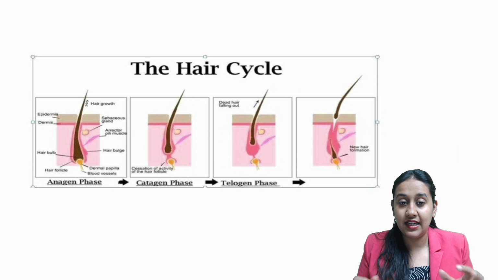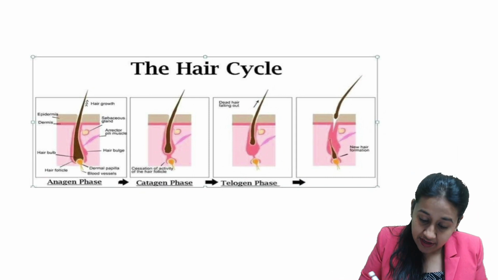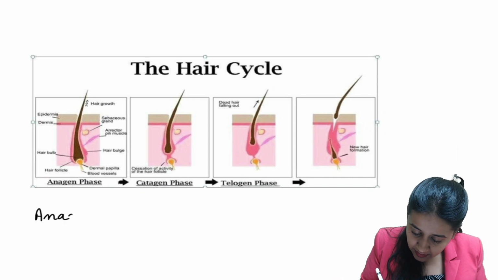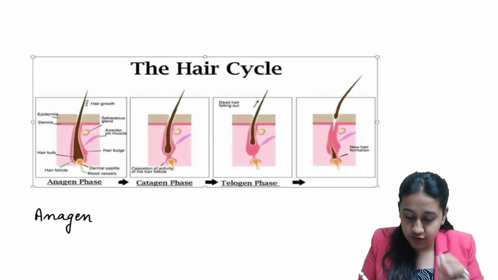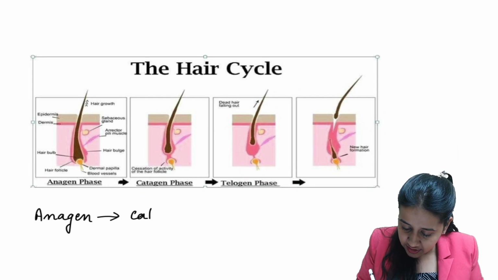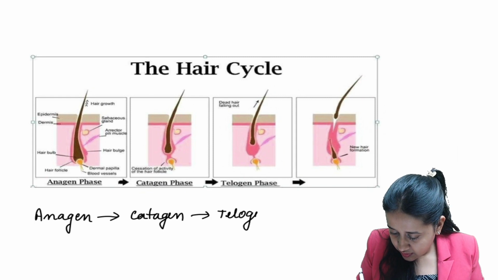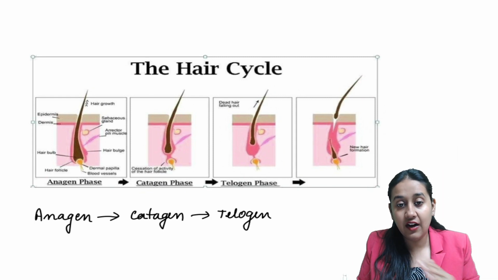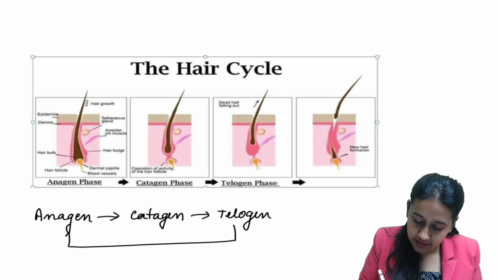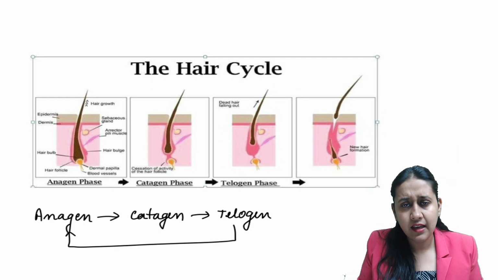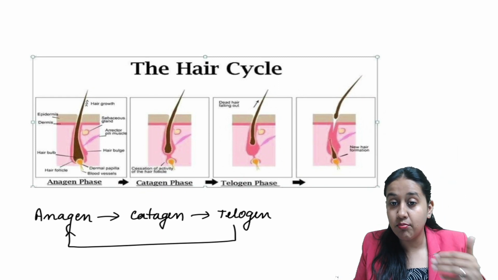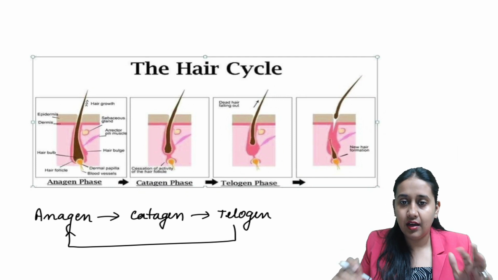To describe the hair cycle, you should know that we have three phases: anagen, which moves into catagen, which moves into telogen. And after telogen, again the hair enters into the anagen phase. So let us discuss the hair cycle a little bit more in detail.